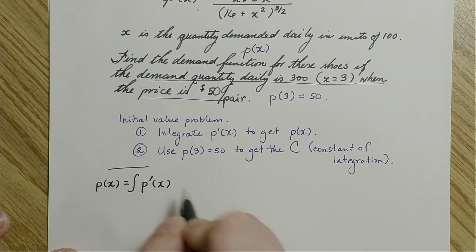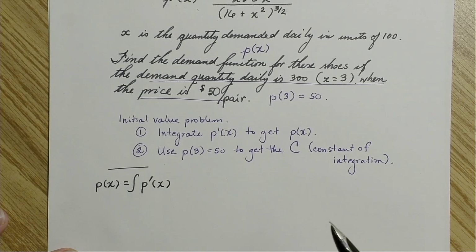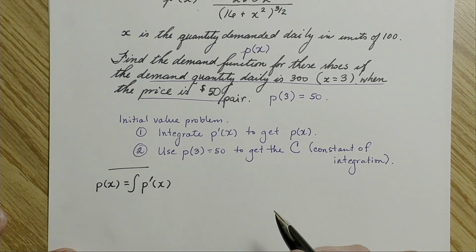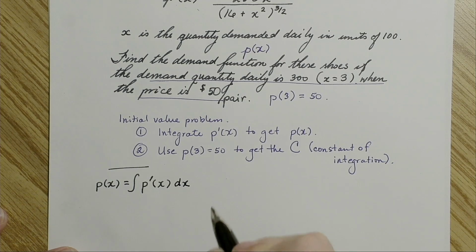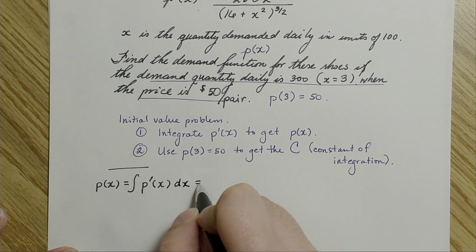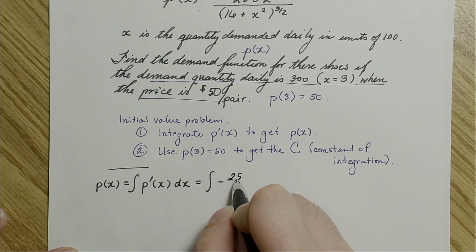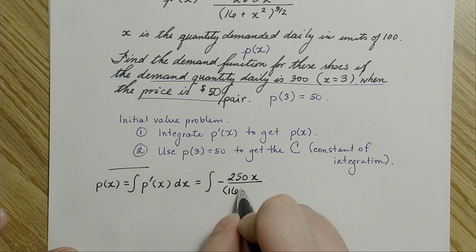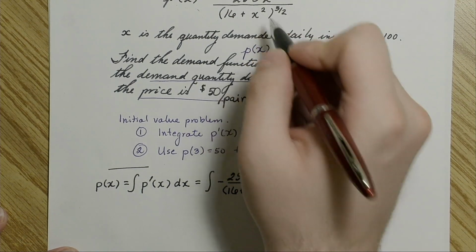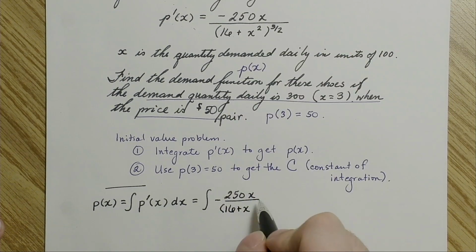Again, what we're doing is essentially undoing the derivative. You can think of the integral as the inverse operation of the derivative. I'm just rewriting what we have up here. Move that down just a touch. There we go.